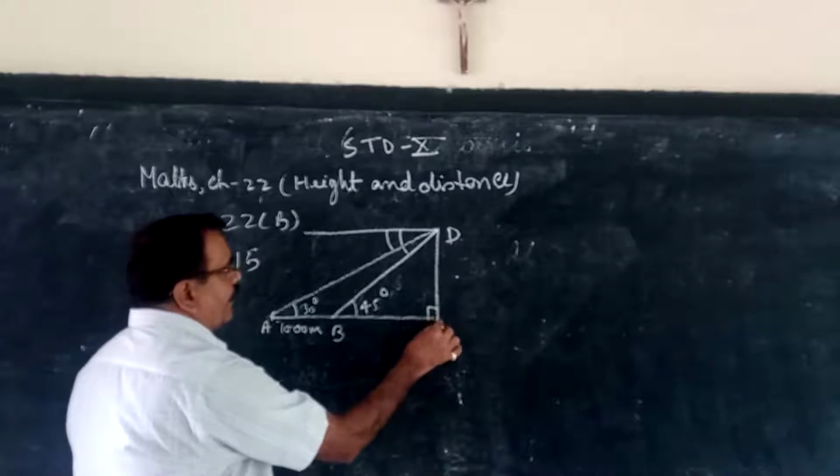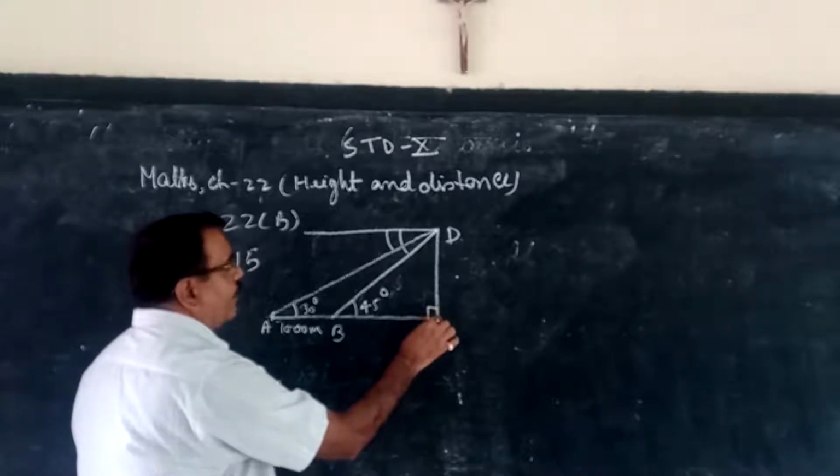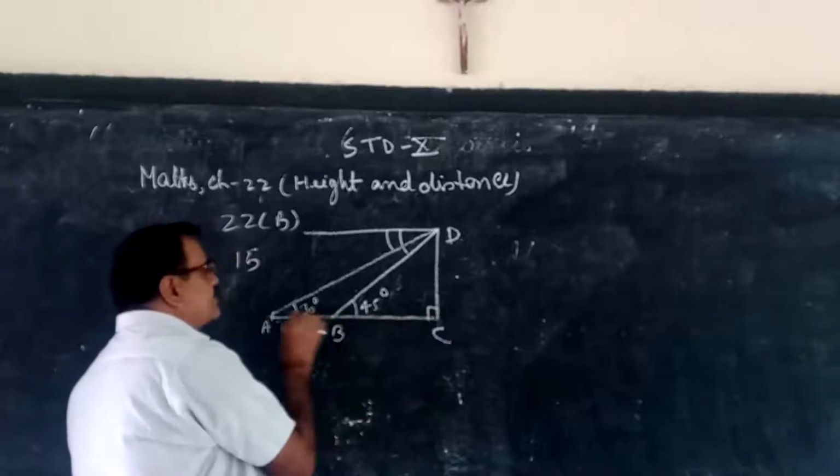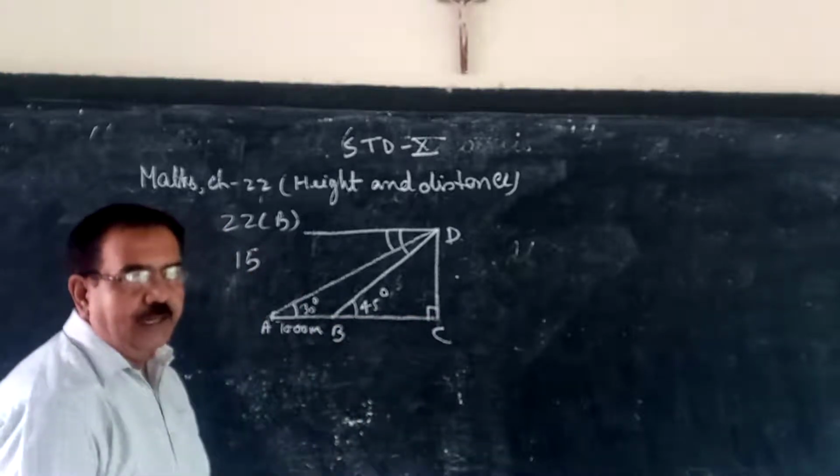Now this point is the foot of the hill. From here we have to find the distance of B as well as the distance of A. Clear?